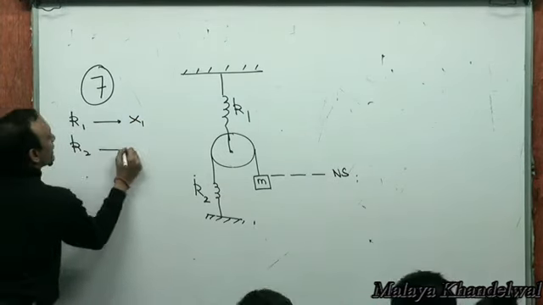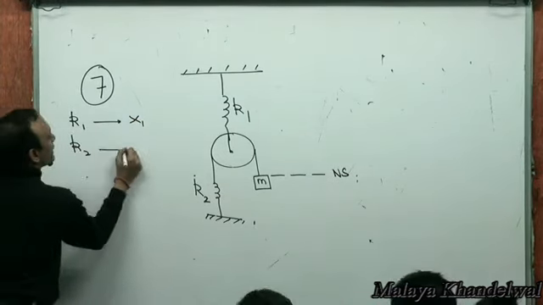See, independently, if this increases by an amount x2, then the mass will descend by an amount x2, contribution of this. If this pulley then goes down in the meantime by an amount x1, then this would have increased by an amount x1, leaving me another x1 and x1 units free on either side, isn't it? If this pulley descends by an amount x1, then there is x1 units freed up on this side, x1 units freed on the other side, which will result in an additional descent 2x1 of the mass.